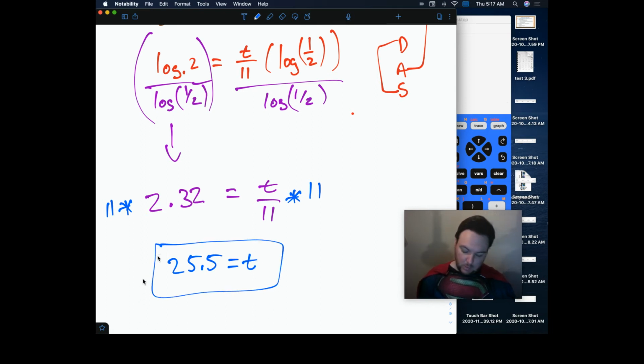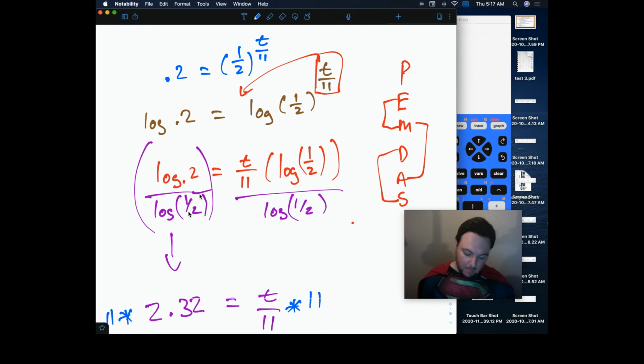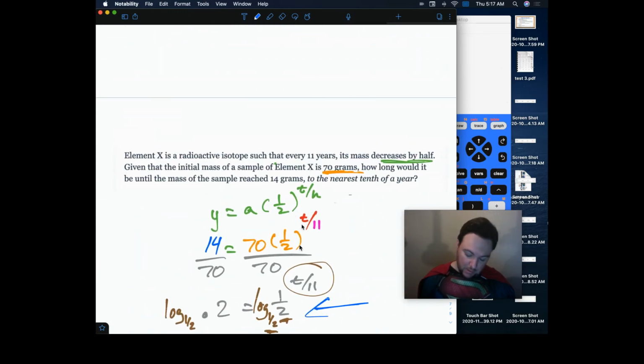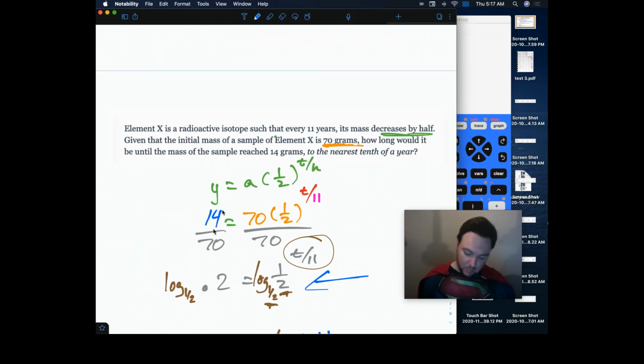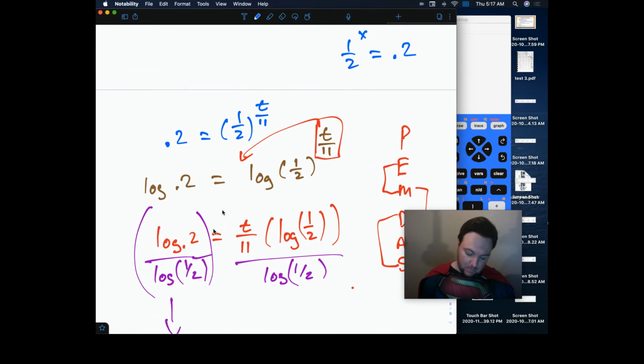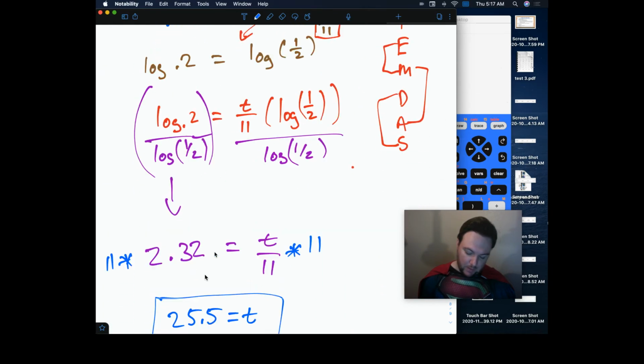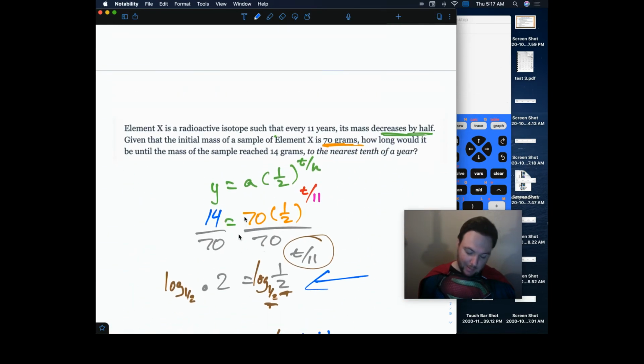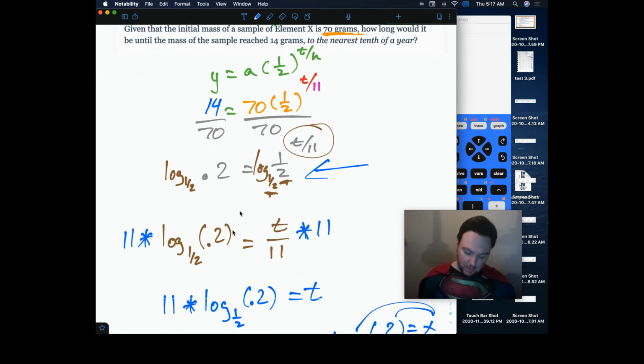I think there's some kryptonite around here somewhere. And again, you can check your answer. You can plug that number back in and see if you get to 14, right? So you can definitely take 25.5, plug it back in, and get approximately 14 because of rounding errors. There'll be some discrepancy.